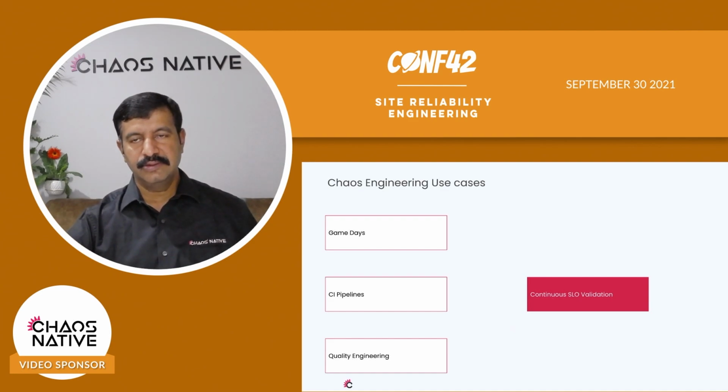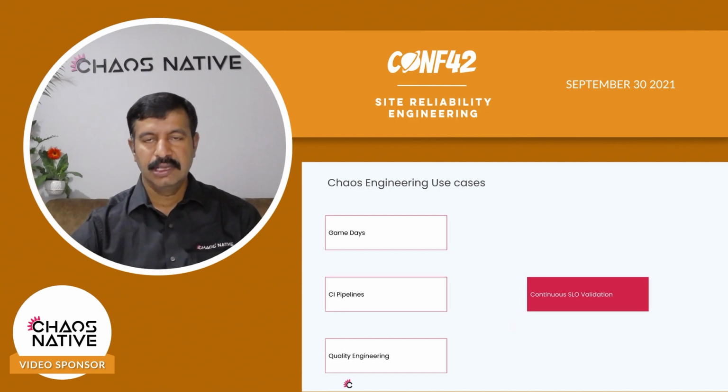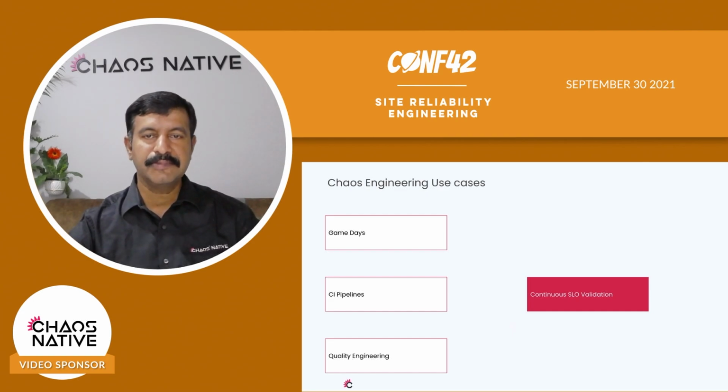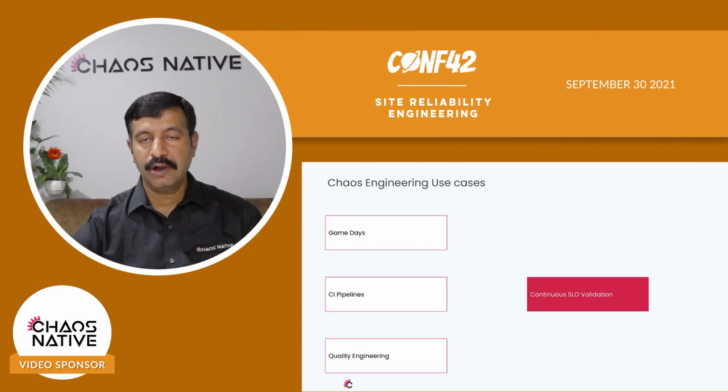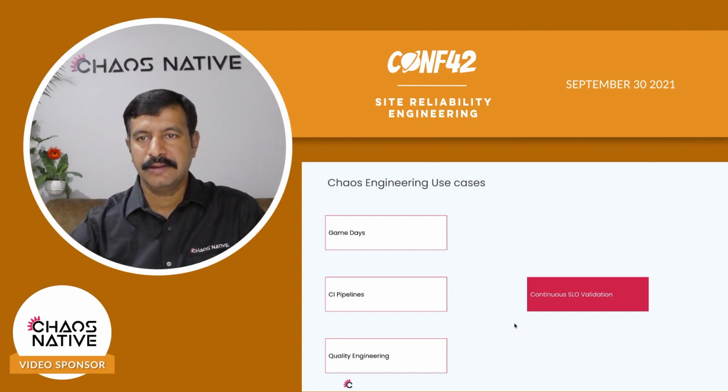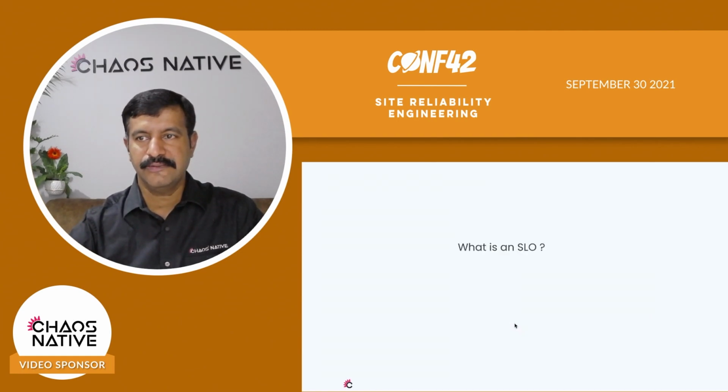But once you buy in the benefits of chaos engineering, you try to introduce chaos engineering into your dev pipelines, CI pipelines, or into your quality engineering pipelines or test beds. But if you're looking at ops as an SRE, you will use chaos engineering for continuous validation of your service level objectives. That's really the goal as an SRE that you would look for.